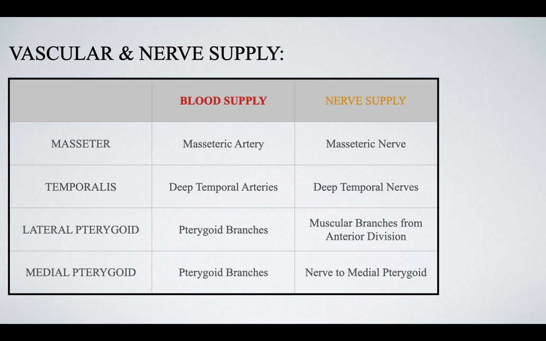With respect to blood supply, all these muscles derive their arterial supply from the second part of maxillary artery, which is a branch of external carotid artery.